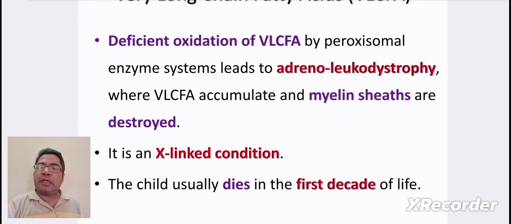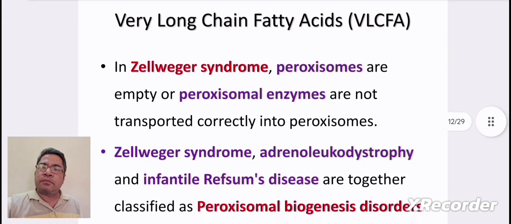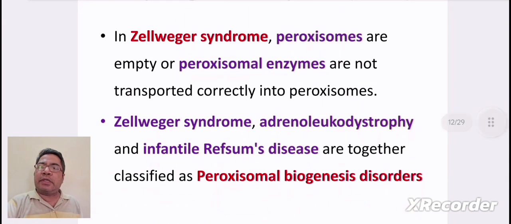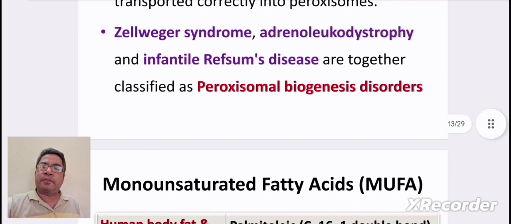It is an X-linked condition. The child usually dies in the first decade of life. In Zellweger syndrome, peroxisomes are empty or peroxisomal enzymes are not transported correctly into peroxisomes. Zellweger syndrome, adrenoleukodystrophy, and infantile Refsum disease are together classified as peroxisomal biogenesis disorders.